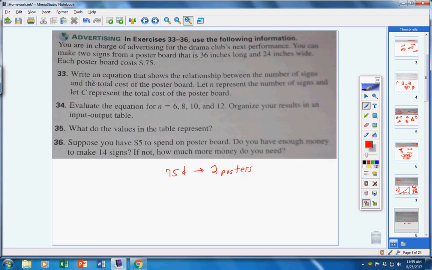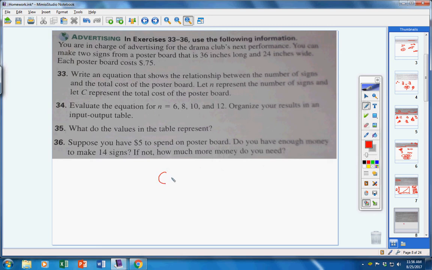Write an equation that shows the relationship between the number of signs and the total cost. So we're going to write an equation that gives us the cost based on the number of signs. Now, relax, we can do this, okay?